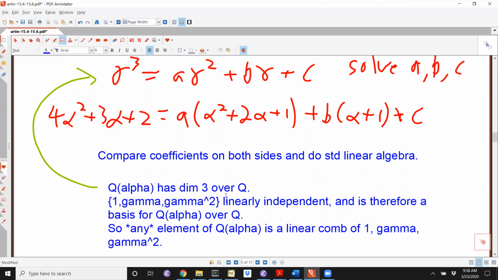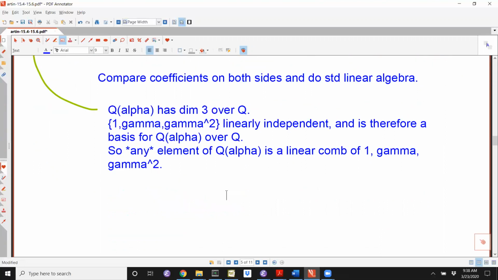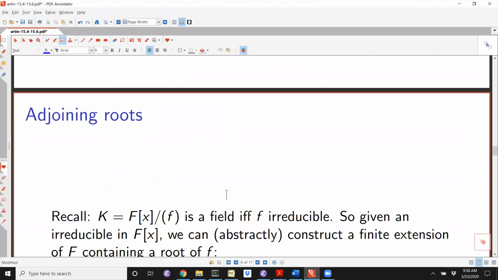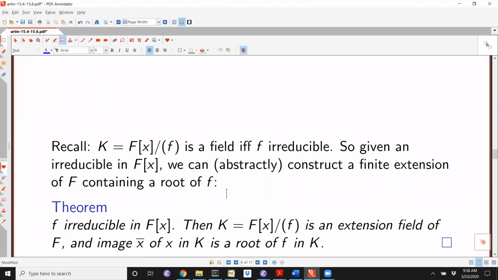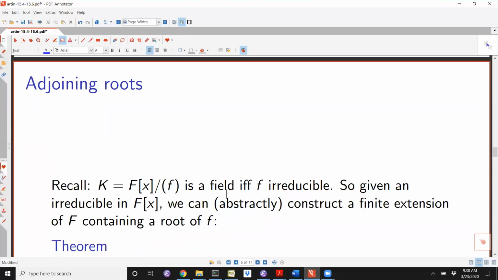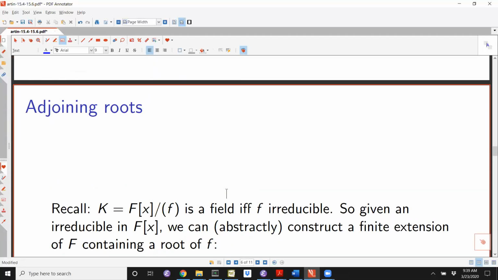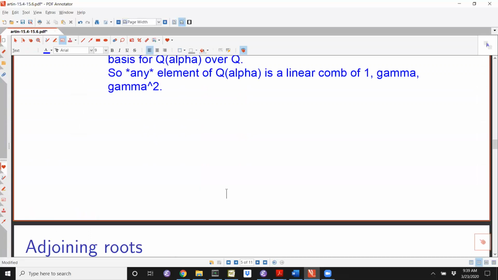Okay. Good so far? Any other questions? Okay. All right. So now I want to talk about something. It occurs to me right now that we skipped ruler and compass.